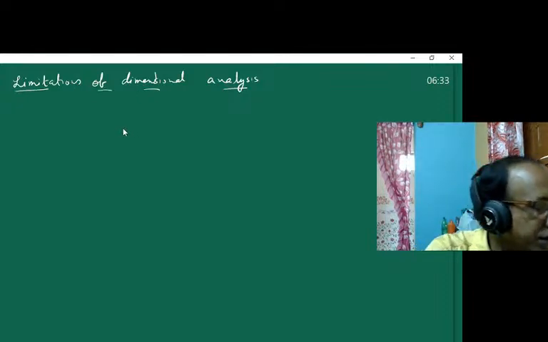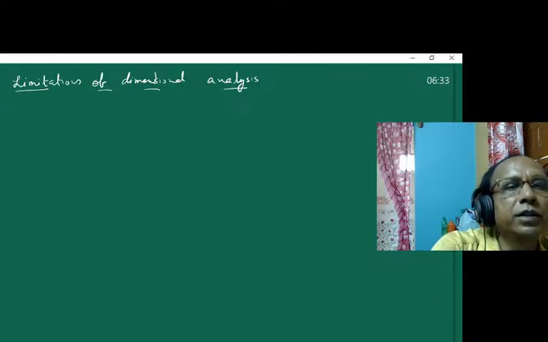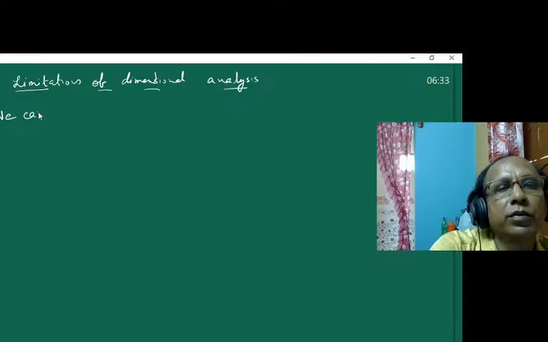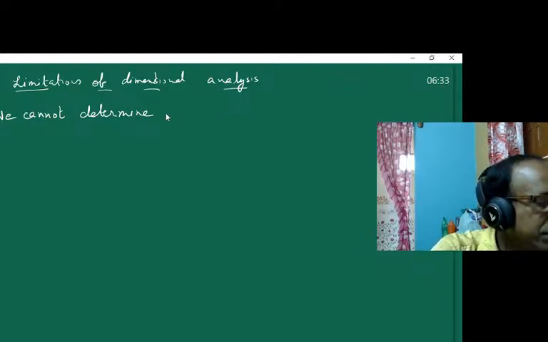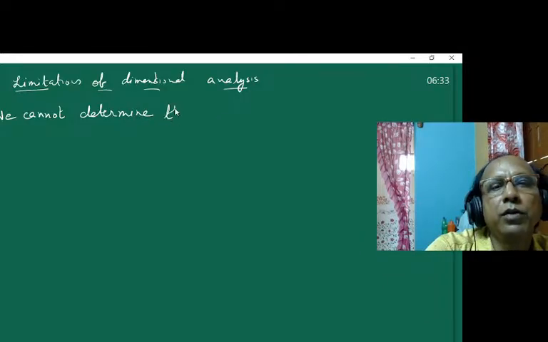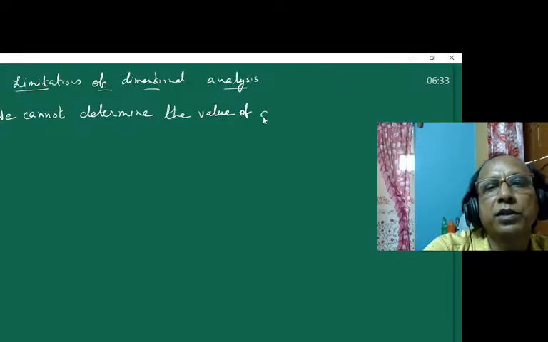What is the first one is that we cannot determine the value of a dimensionless constant.